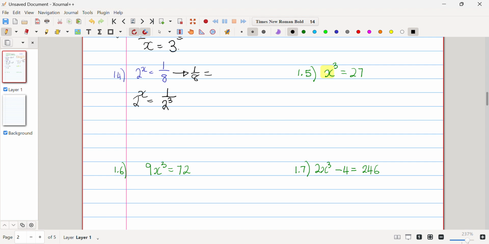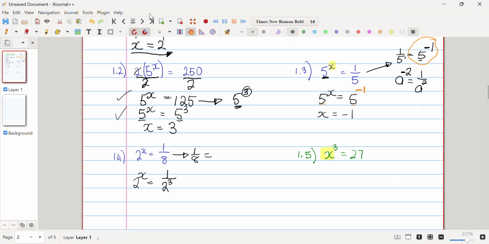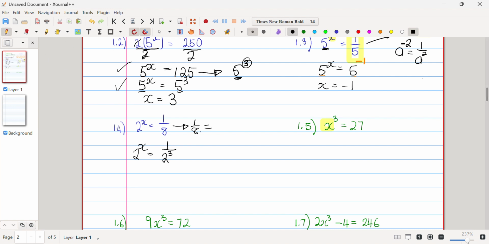Now, just like in example 1.3 over here, if I have 1 over 5, I can write it as 5 to the power of negative 1. So if I have 1 over 2 to the 3, and I just want it to be the base of 2, then I can write it as 2 to the power of negative 3.